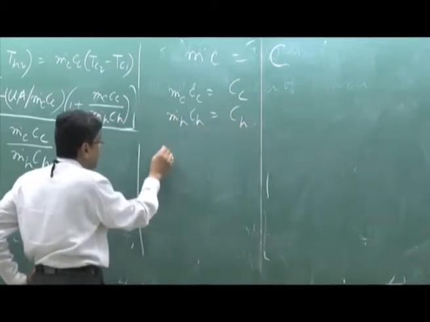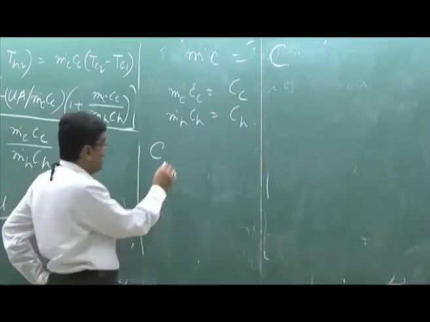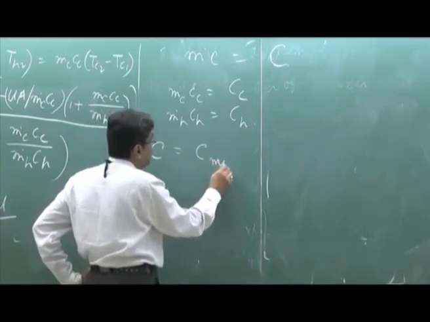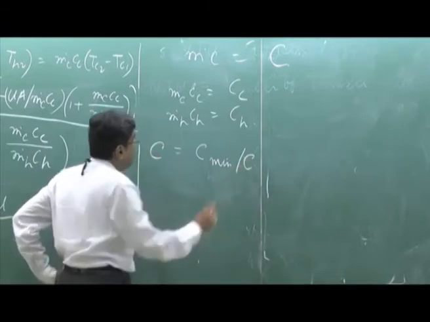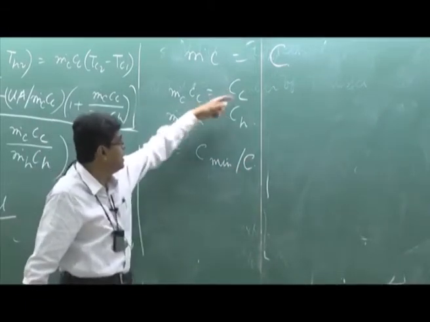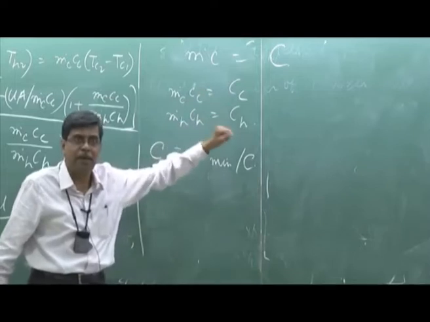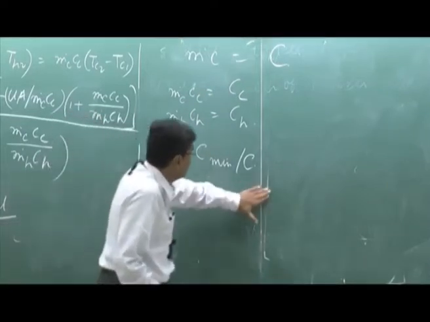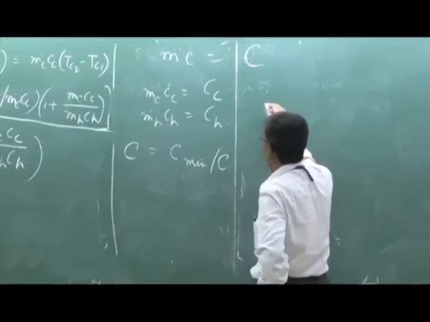And if I define C as the ratio of C min by C, which may be either this by this, or this by this, depending upon the case.